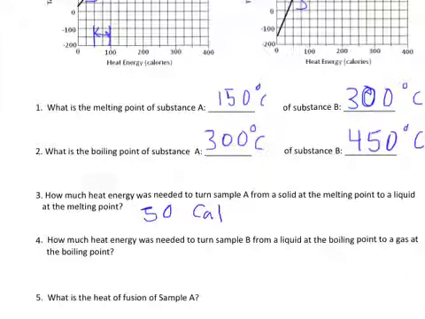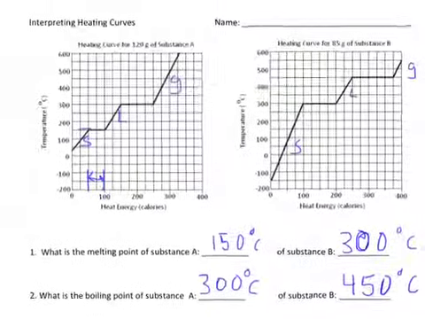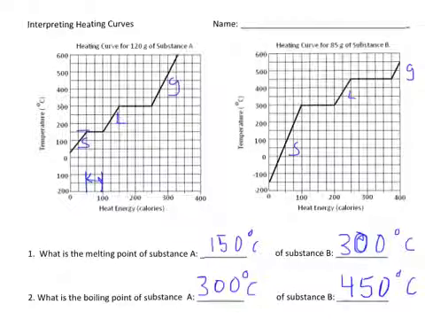Now let's look at the next question. Number 4, how much energy did it take to turn sample B from a liquid at the boiling point to a gas at the boiling point? So let's take a look up here. So now we have, here it is a liquid at the boiling point. So let's just see where that started. That started right here at 250.